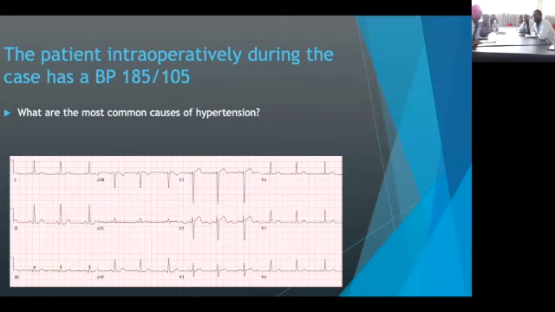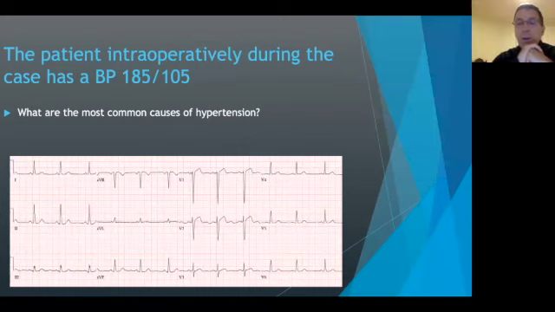Most of the time, in a patient under anesthesia, if we measure elevated blood pressure or hypertension, the most common cause is light sedation or light anesthesia, and we have to deepen the anesthesia.